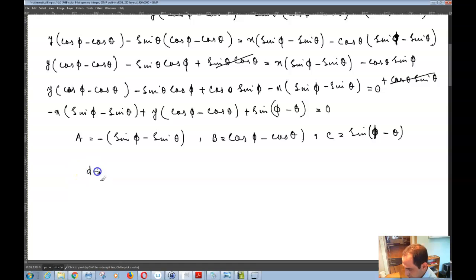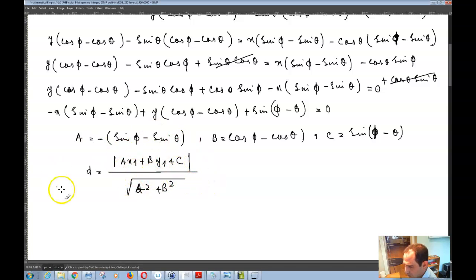So we said that d is equal to the absolute value of ax1 plus by1 plus c over the square root of a squared plus b squared. Since the distance is from the point 0, 0, this becomes 0, this becomes 0, then your d becomes the absolute value of c over the square root of a squared plus b squared.